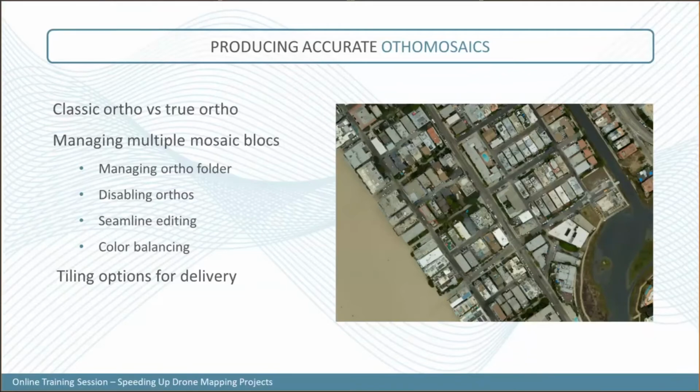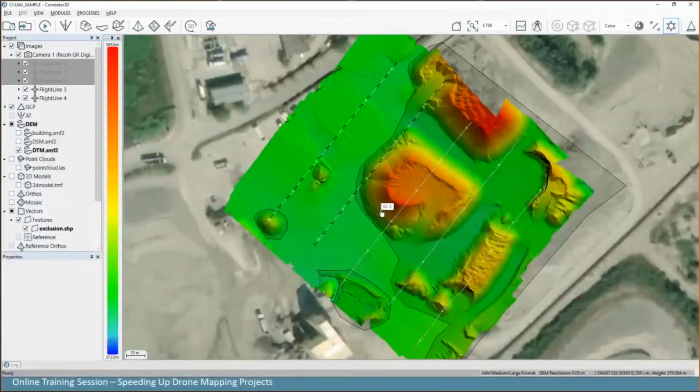So let's say you want to derive a smaller section of your project for the mosaic as a test. As I said before, you can always disable and re-enable flight lines. In this case, if I've disabled those three lines here, the orthos will only be generated from the two flight lines here.